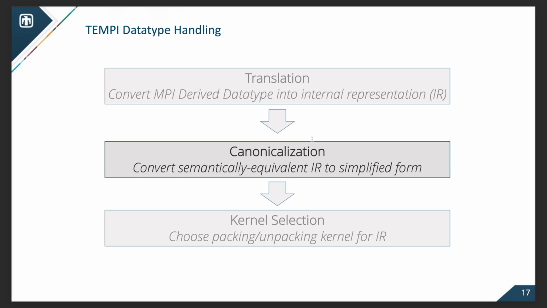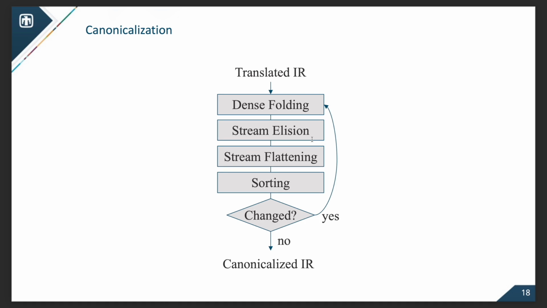The next step is to recognize that the different ways you describe data types to MPI are actually describing some semantically equivalent data type. So we have a set of transformations on the IR. We repeatedly apply these canonicalization operations until the IR no longer changes, and then we've arrived at the canonicalized IR.